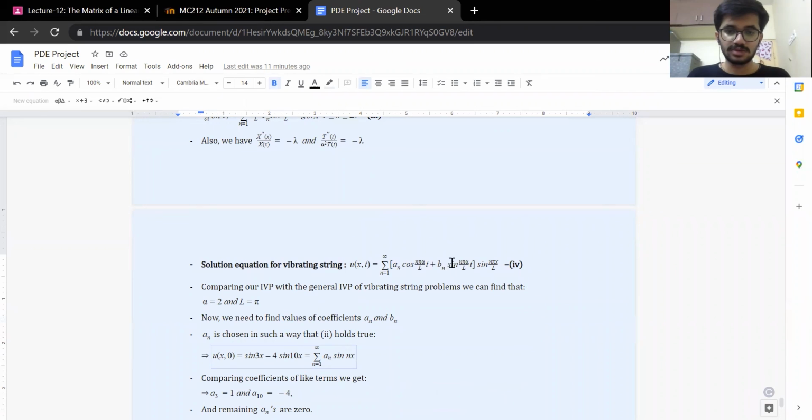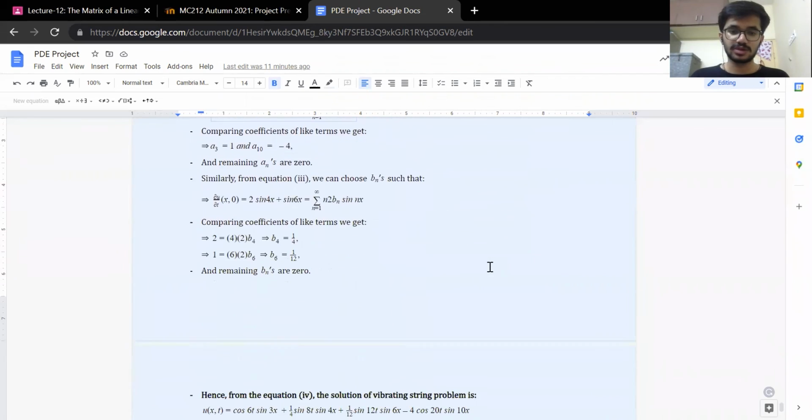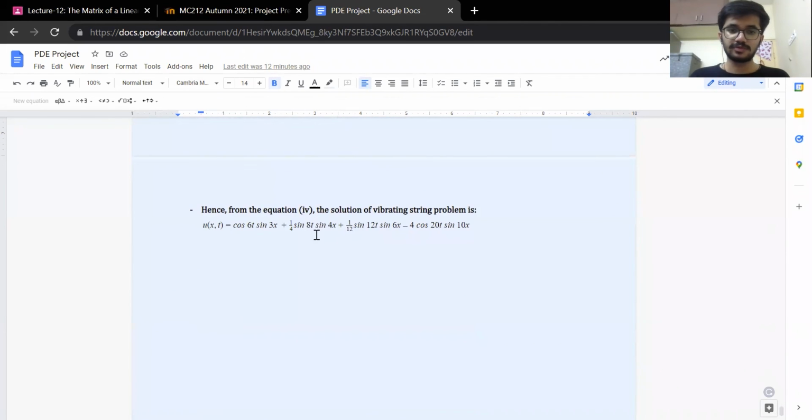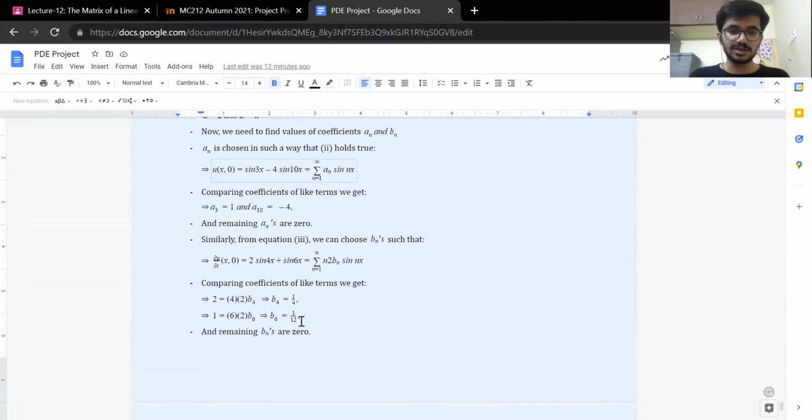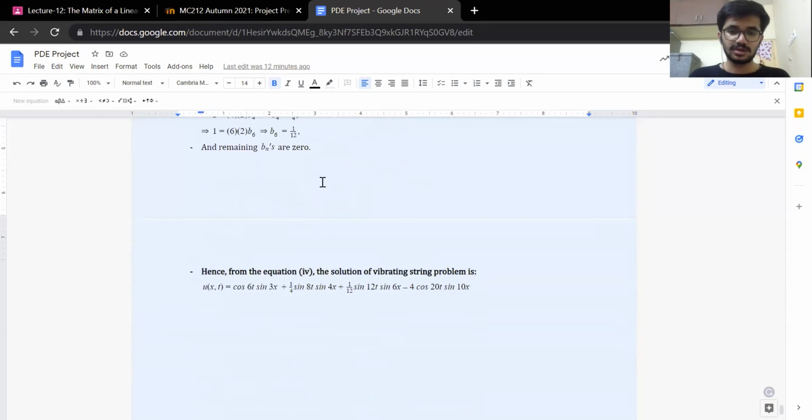So b4 would be 1/4 sin 8t, and again the sine multiple will be sin 4x. So 1/4 sin 8t sin 4x. Similarly for b6, and then for a10, and similarly we got the final equation for our vibrating string.